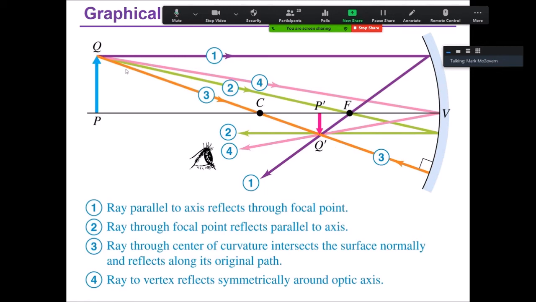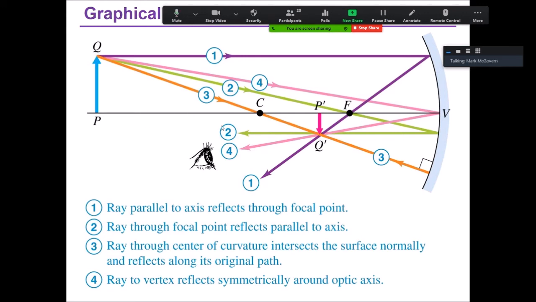A fourth ray goes from our object, hits at the optical axis on the mirror, and then heads down as well. So what happens here is this ray 4 just obeys the law of reflection, but it's more obvious how that's done here because you have an angle here and an angle here that was obeyed.